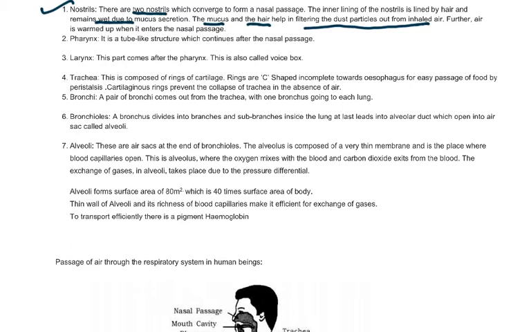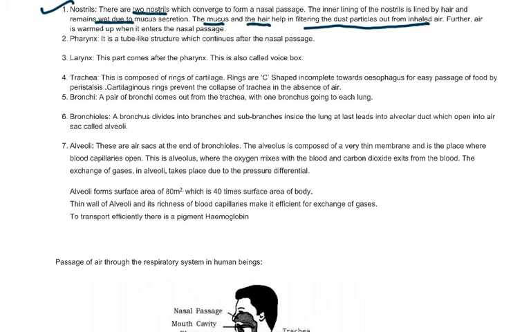When it moves through these curved chambers, it comes in contact with the wall of the nasal passage. As a result, the dust particles will stick there. Second, there will be an exchange of water and heat.